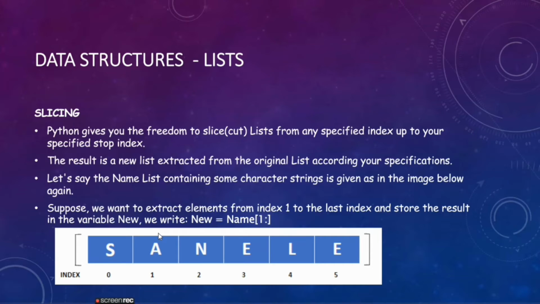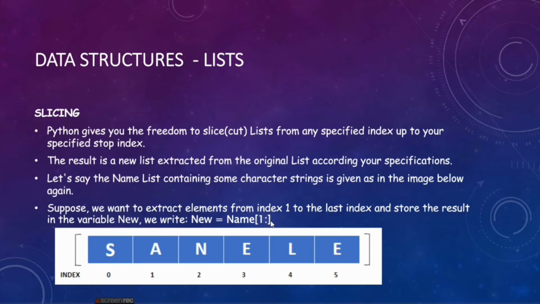We can also slice a list. To slice is to cut into parts or into separate parts. We can slice a list using this notation. This emanates from the fact that you might want to do some manipulations whereby you want a certain portion of the list, so this comes in handy. Like here, new is equal to name, and then starting from index 1, and this colon means that we are separating the starting index and the last index.